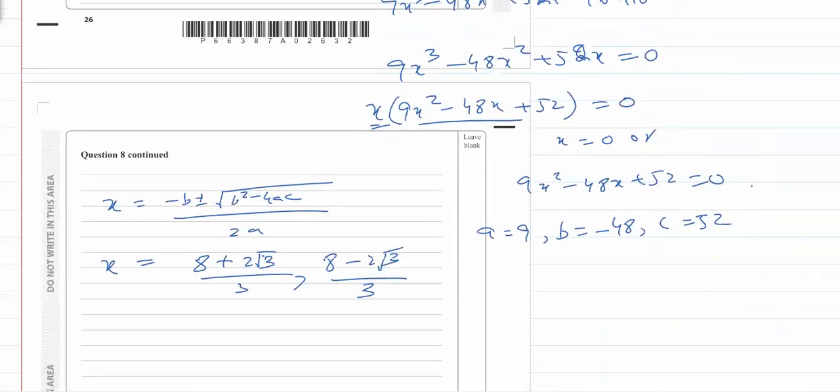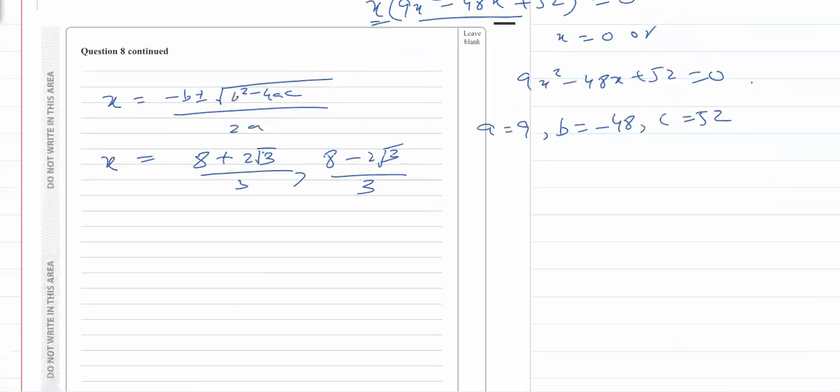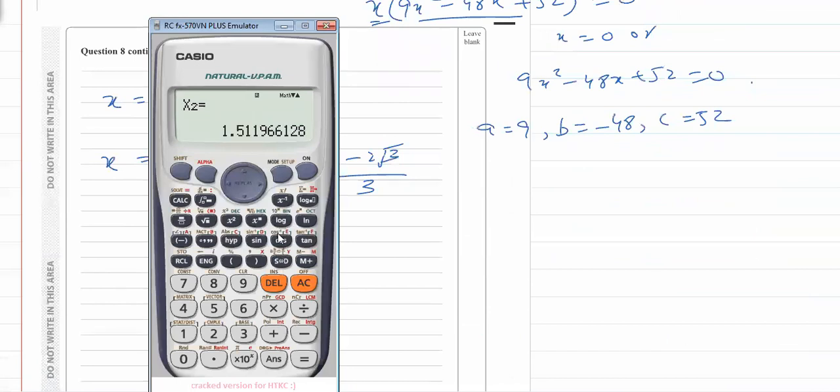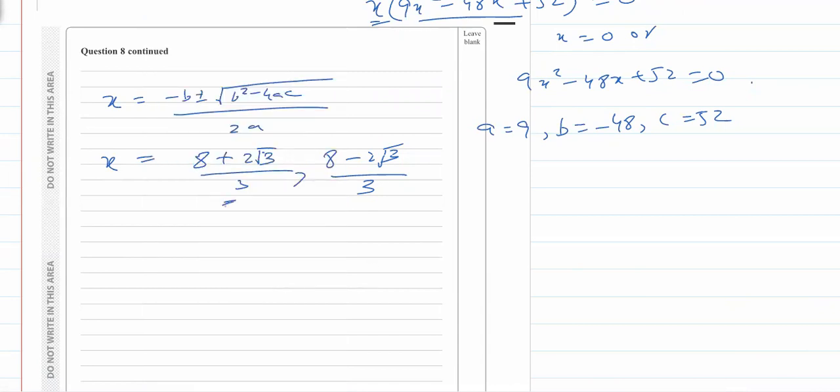So if you write these coordinates, for example, check them. If you change it into decimal, it is 1.51. And for the other one, if you change into decimal, it is 3.82. So the positive value, this is the larger value. So this is for q. If you write the coordinate of q, it will be 8 plus 2 square root of 3 over 3, and the y coordinate is obviously minus 16.